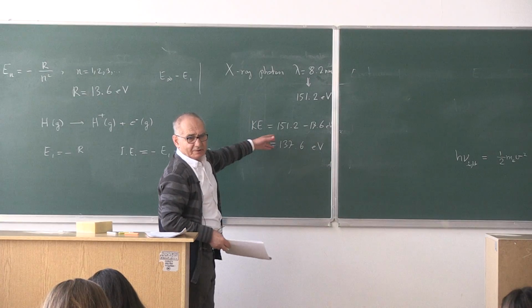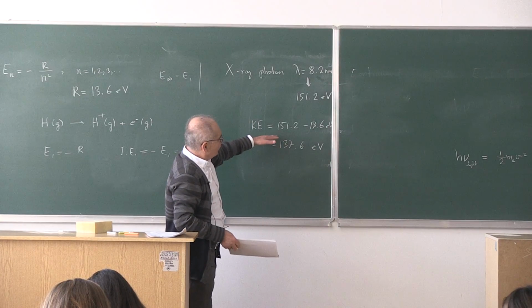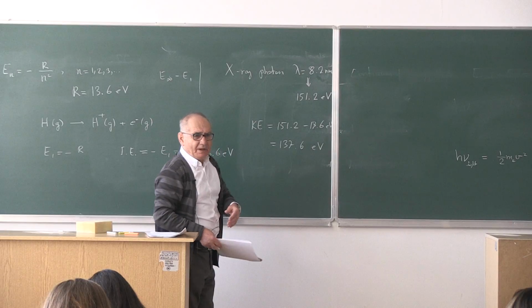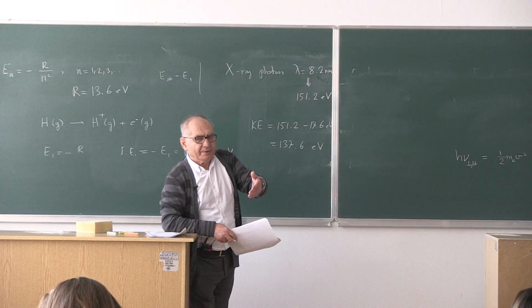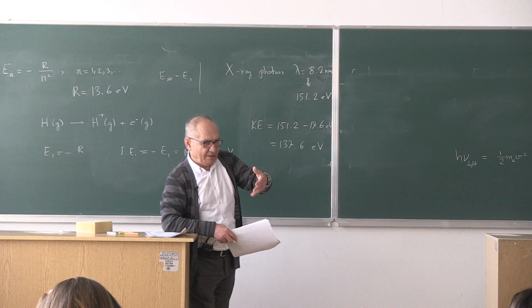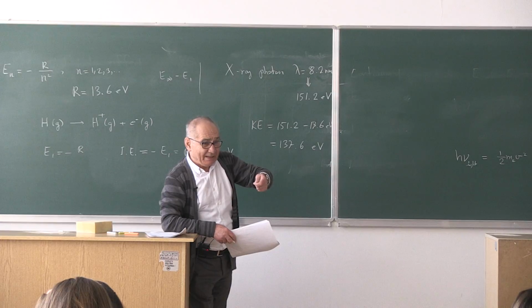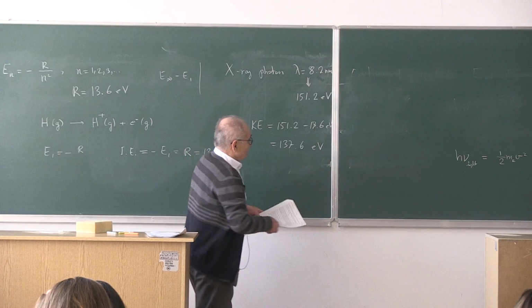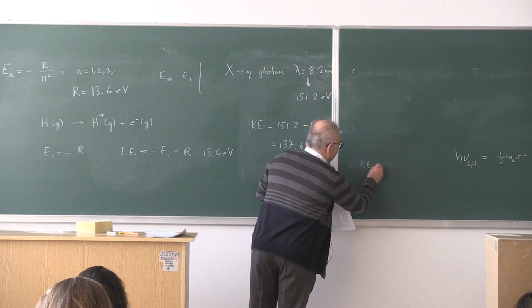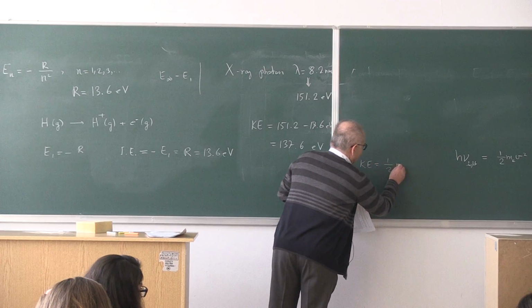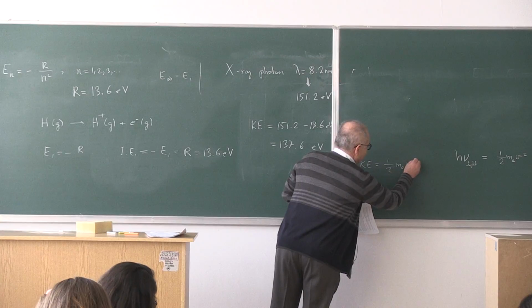So this is quite a simple calculation here. Now, if the question also asks, what is the speed of the ejected electron, then, of course, you will use this. Kinetic energy equals 1/2 mass of electron times v square.